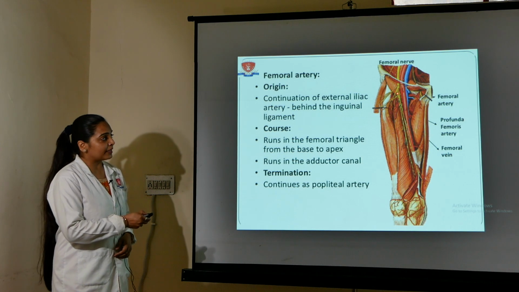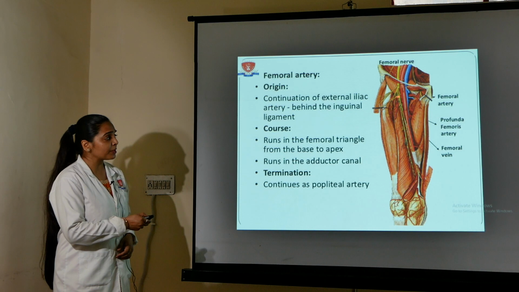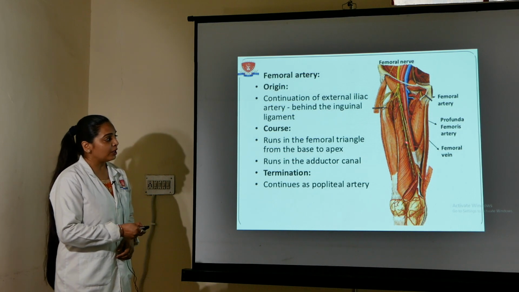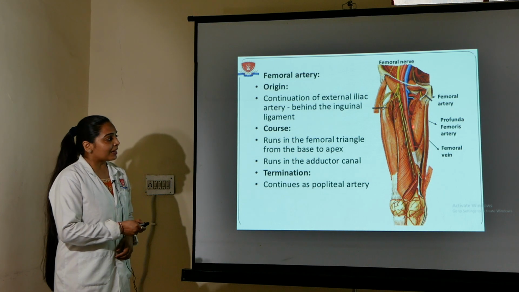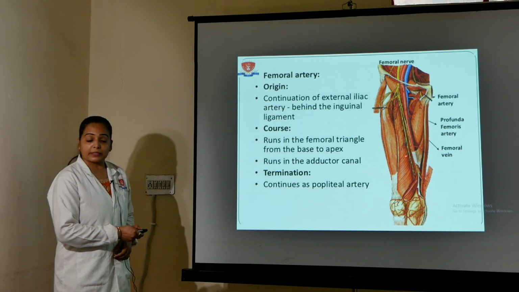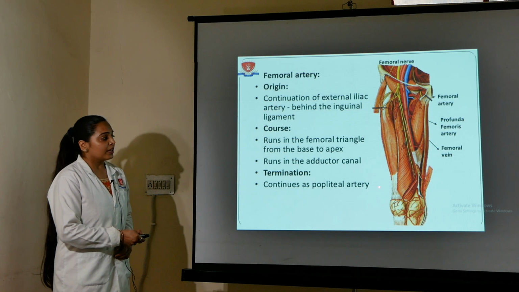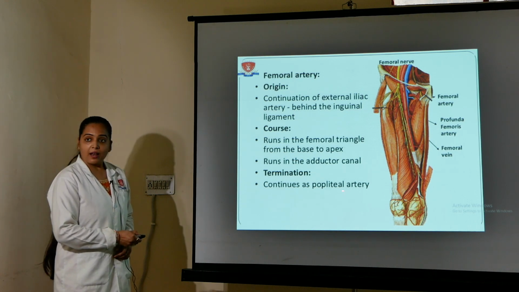It travels from the lateral side to the medial side, from the base of the femoral triangle towards the apex of the femoral triangle, and it continues into the adductor canal, and then it pierces the adductor magnus muscle, and just behind the knee joint it continues as the popliteal artery.